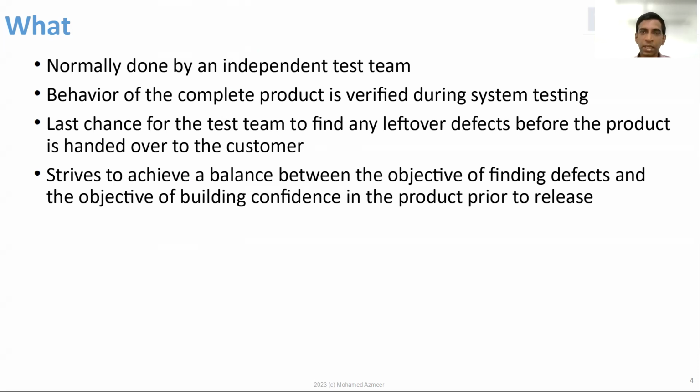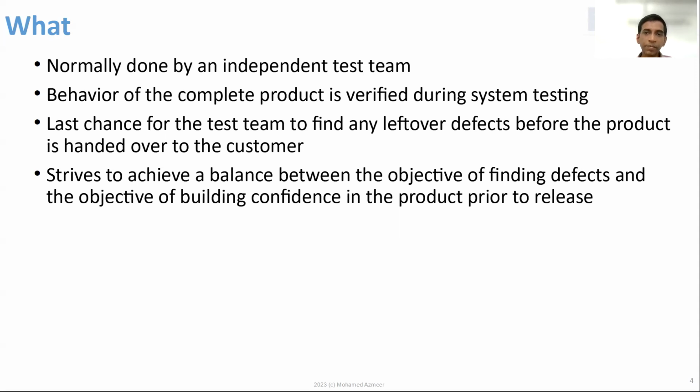So they are verifying the completed product. Remember, this is the last chance we have before we give it out to the customer. That is why we are taking it out from our normal development testing team and giving it to outside, or at least in the sense they're also part of the organization, but they're not part of the team. So there may be another separate team checking out the project.